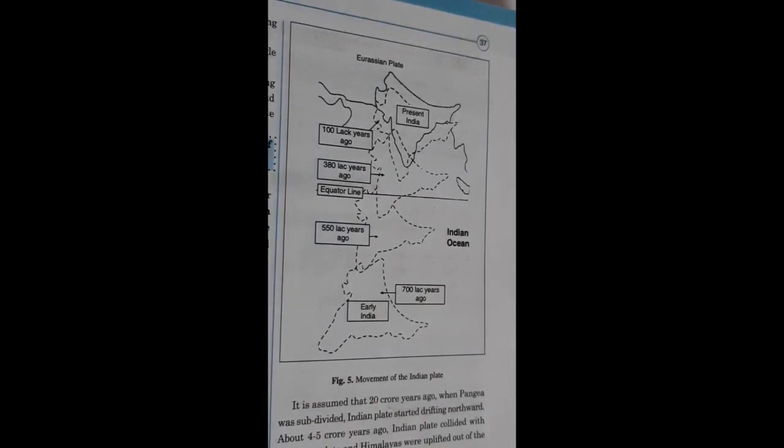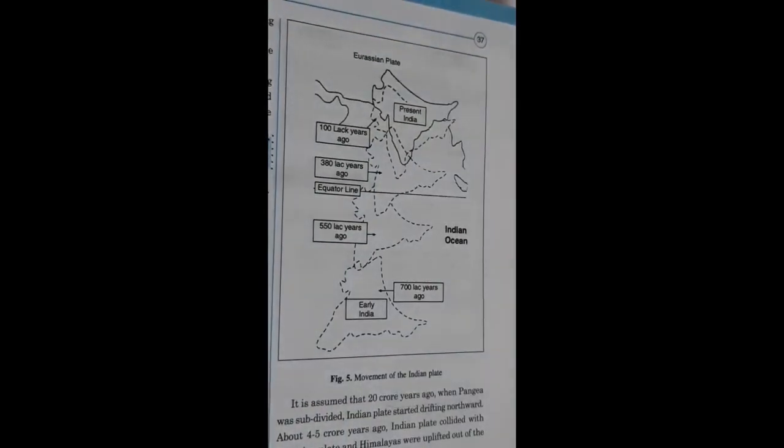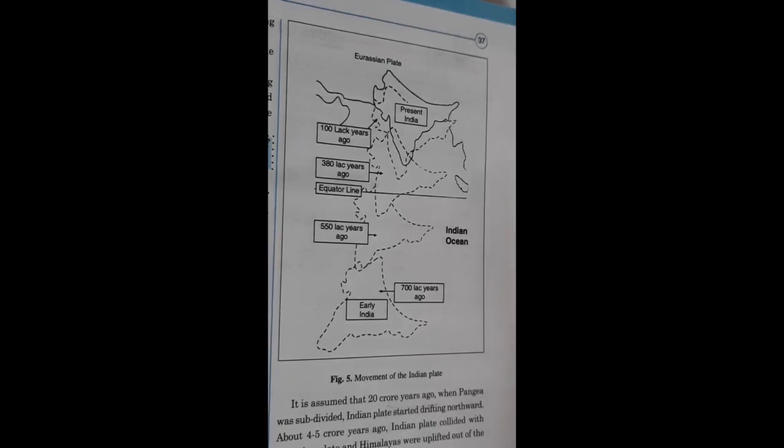So the two major plates were separated by the Tethys Sea and the Tibetan block was closer to the Asiatic landmass. During the movement of the Indian plate towards the Eurasian plate, movement this way, a major event that occurred was the outpouring of lava and formation of the Deccan traps.